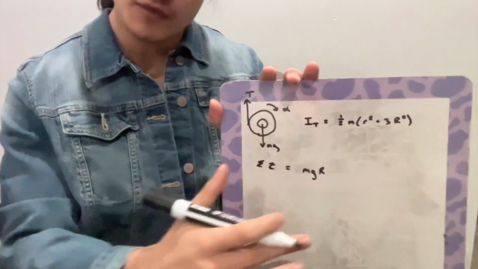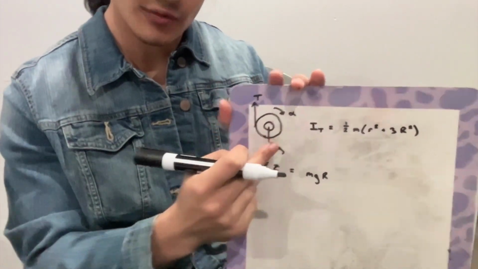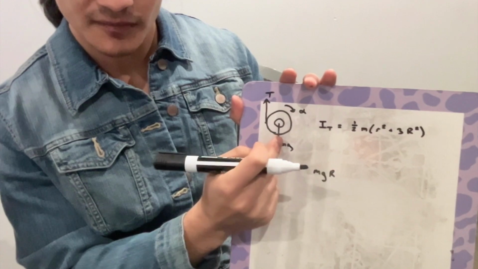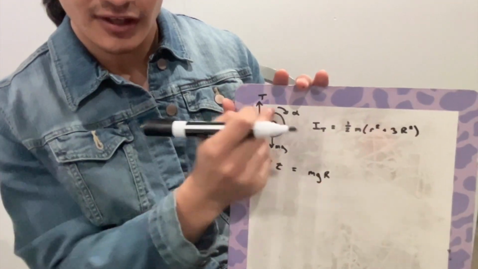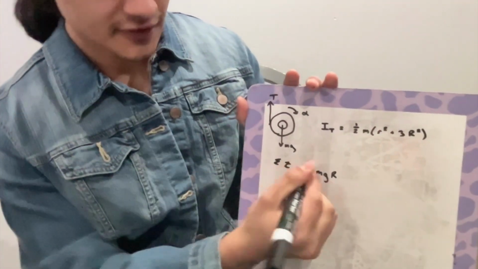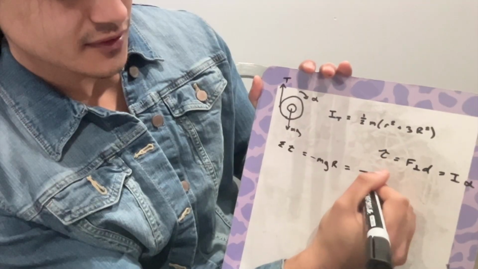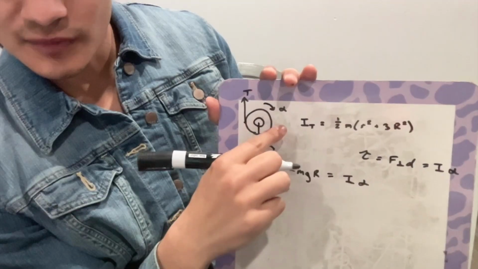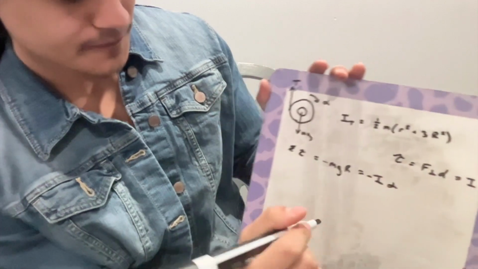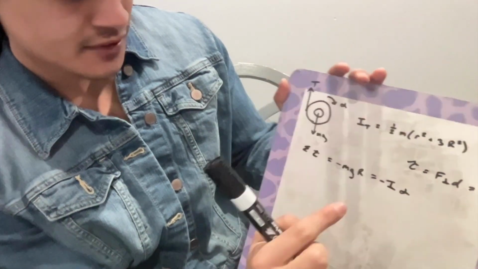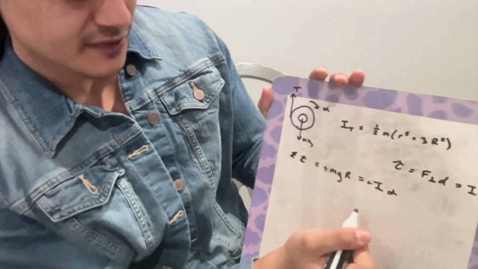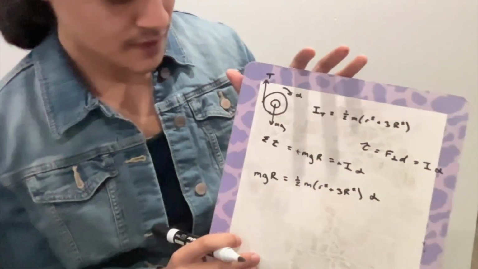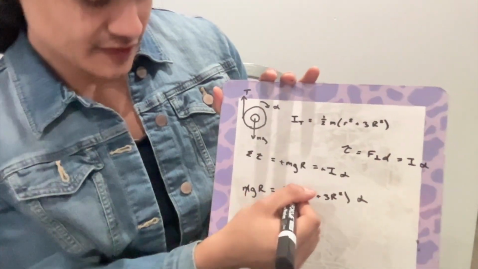It's making the object move clockwise about this point, so it's going to be negative, and the angular acceleration is also clockwise, so it's negative. You plug this in here. This is all positive, by the way. There you go. The m's cancel out.